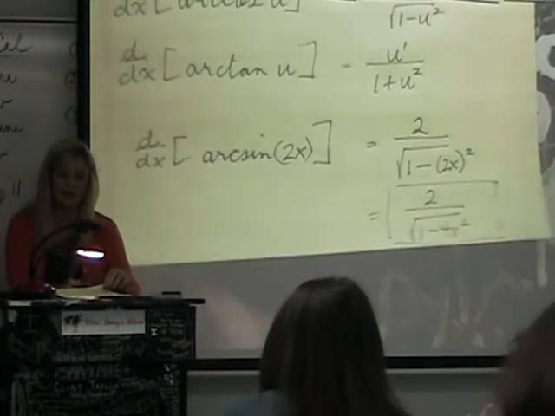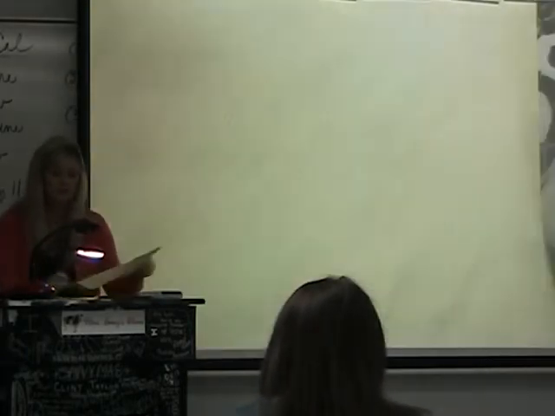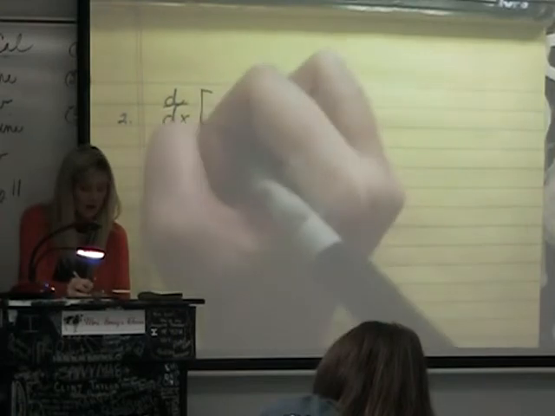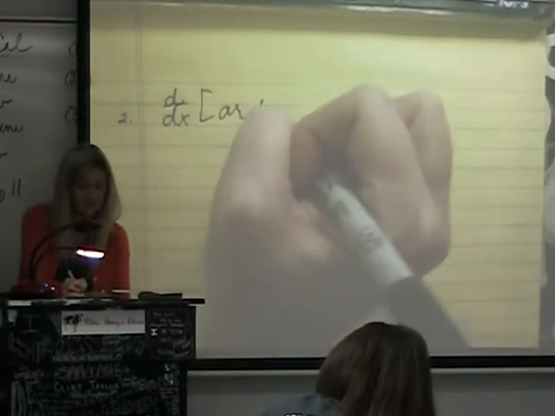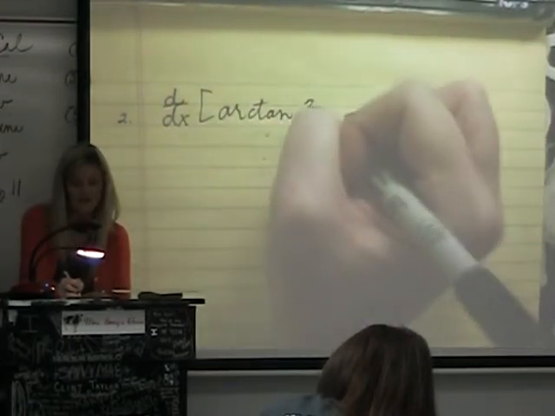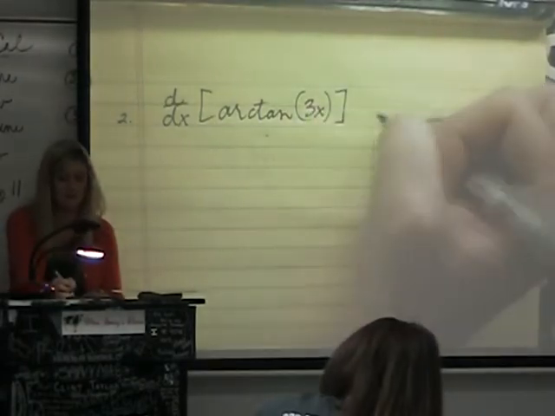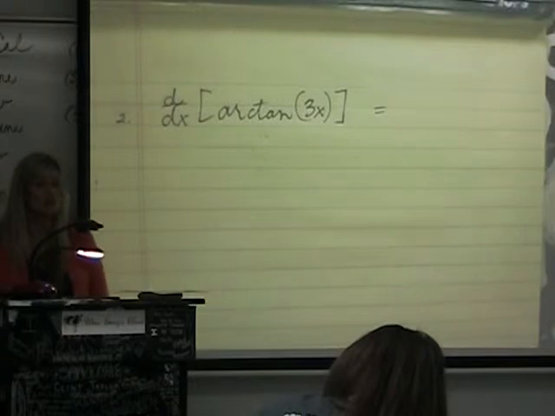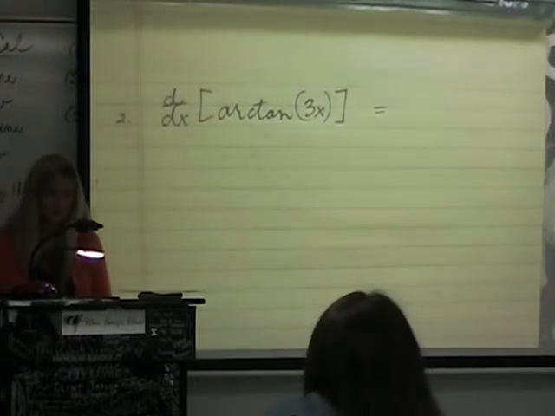Okay, let's look at another one. So my second example is going to be take the derivative of arc tangent of 3x. So in this case, my u is just 3x.